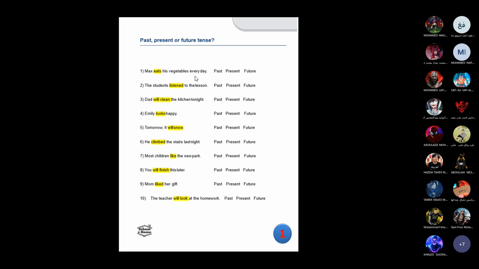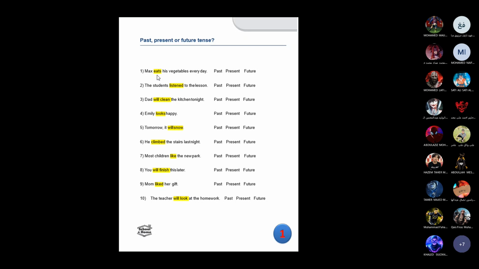Number 2, we have what, Ali? The students listen to the lesson. No, I'm asking you about number 1. You're still on number 1. So what is the second sign that tells you it is present? You said that number 1 is present. Eats? Yes, excellent.